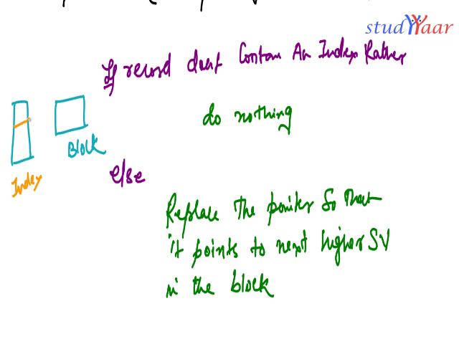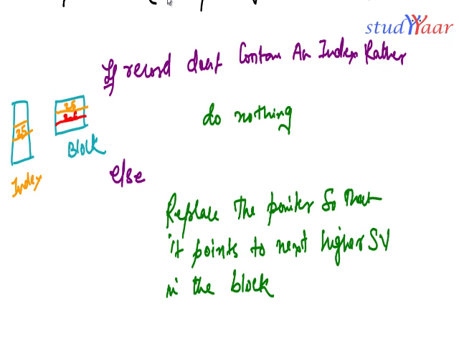Let's suppose I have a record for 25, and 25 is my least valued search key in this block, and the next value is, say, 26.